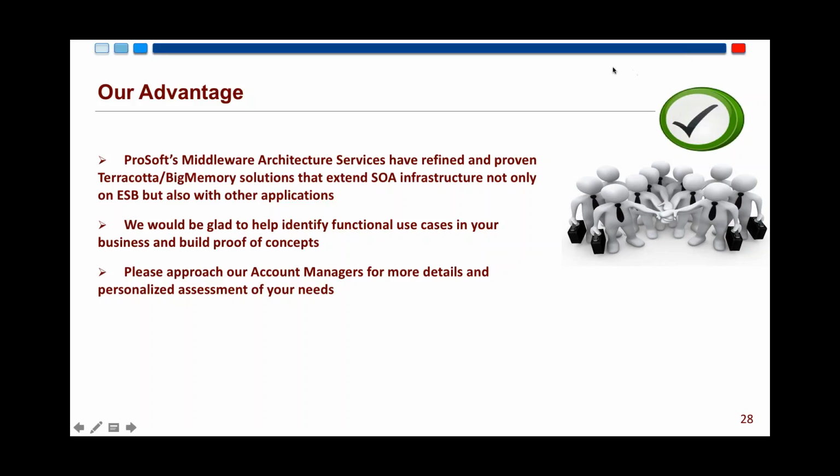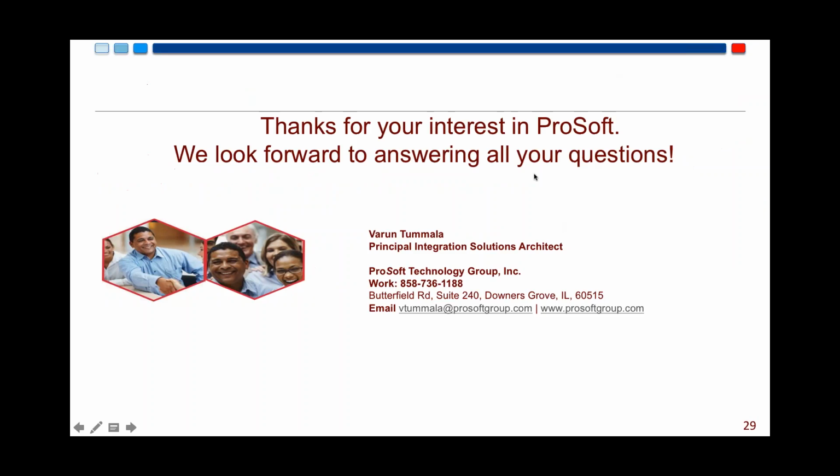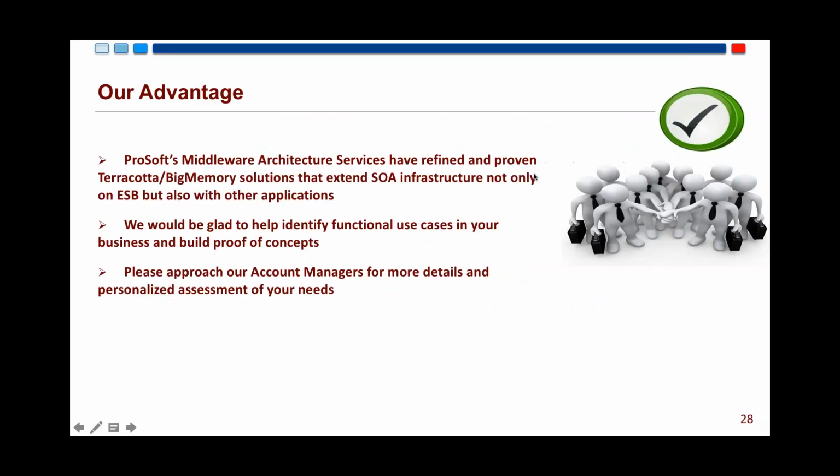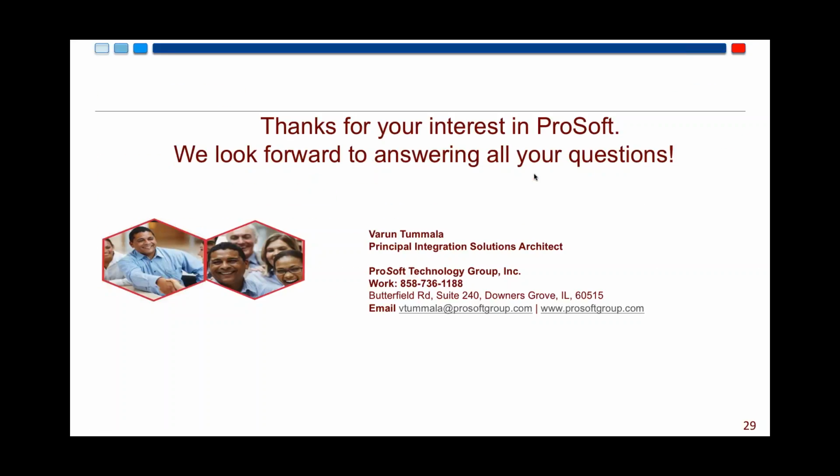But you can also use the BigMemory API to manage the cache itself. If you use Terracotta in the context of applications instead of our ESB service doing the caching, you can control, manage, and even change the cache by employing the BigMemory API. BigMemory API also has what we call cross-language compatibility.